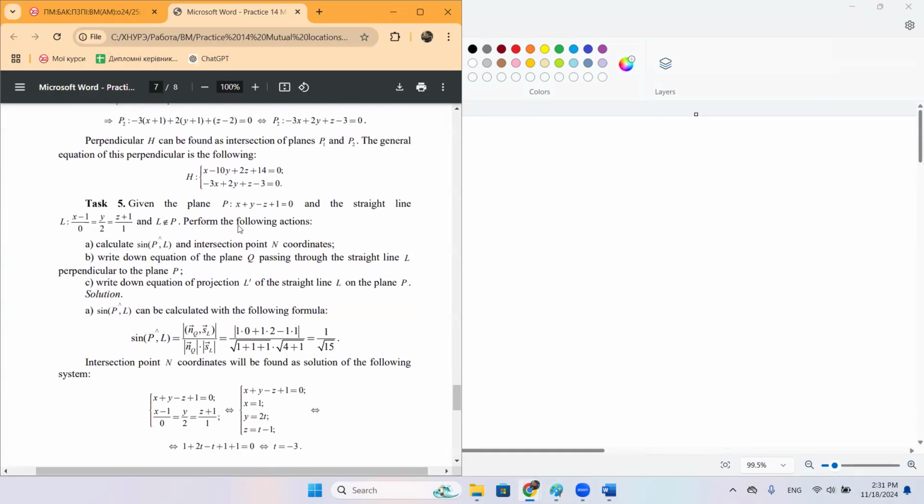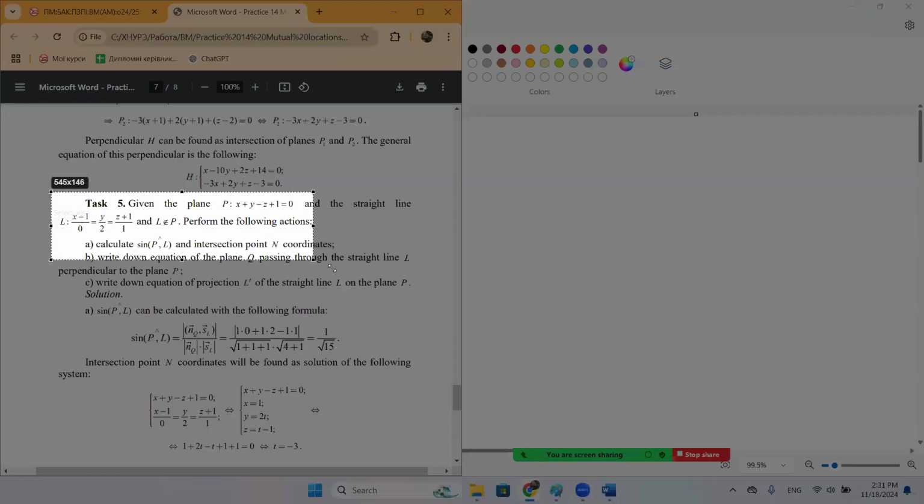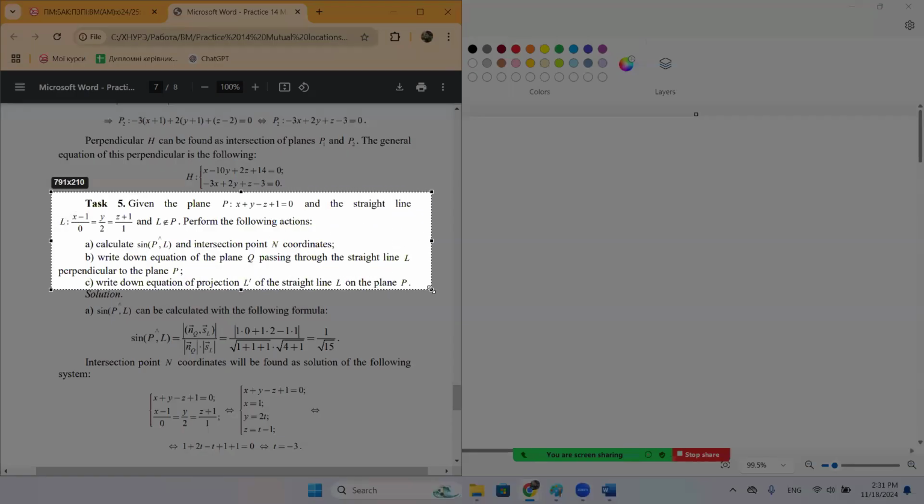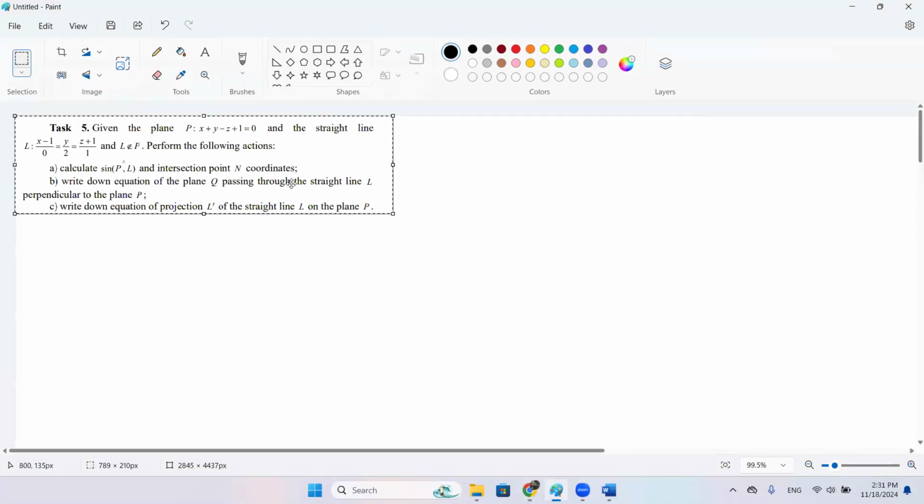Let's solve the next task. So we have the plane P and the straight line L that is not aligned in the plane P. A little bit incorrect symbol, but never mind.